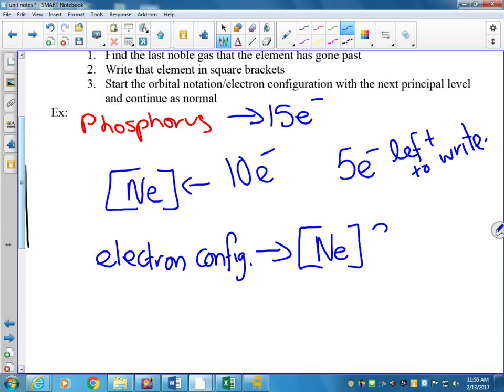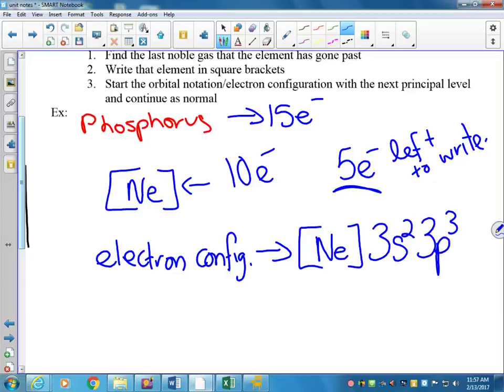So I'd write 3s2, and then we go into 3p's, but I need to use only 5 electrons now. So I have 3 electrons left. So instead of writing 1s squared, 2s squared, 2p6, 3s squared, 3p3, you can write it in this method.